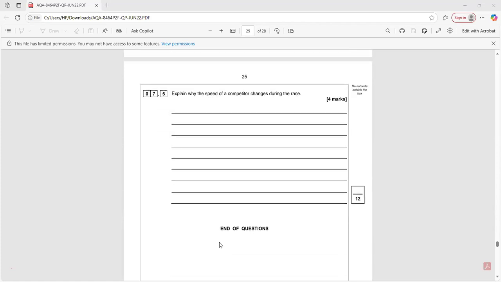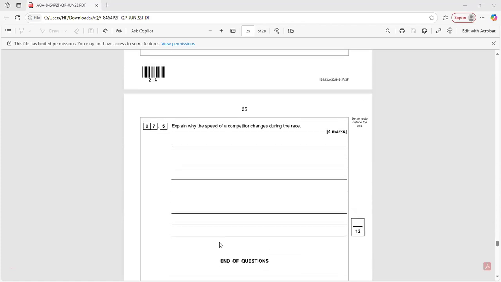Okay, this is the last question. It says explain why the speed of a competitor changes during the race. Well, what factors do you think would cause that kind of change? Maybe if the person is applying more effort in movement, isn't it?